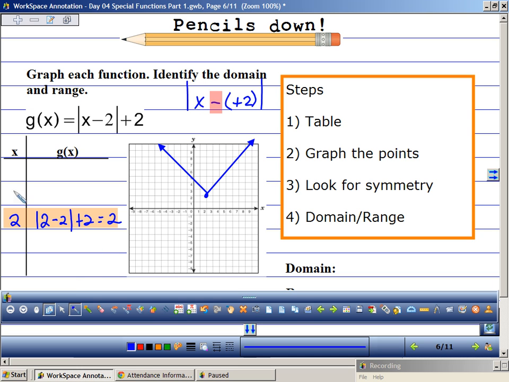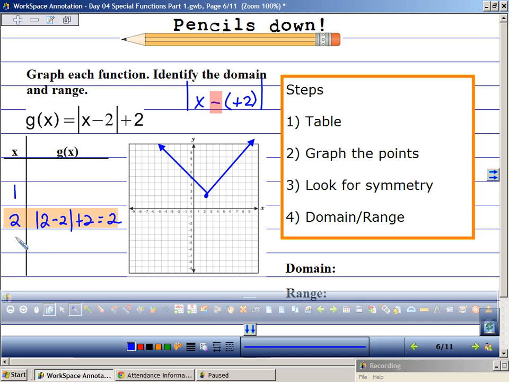So where should we go now? Going in the negative direction, I would go to 1. Going in the positive direction, I'd go 3. Let's see what happens when I do that. Let's put in 3 first. 3 minus 2 plus 2. What's that going to be? 3. I'm guessing this is going to be 3 also. 1 minus 2 plus 2.